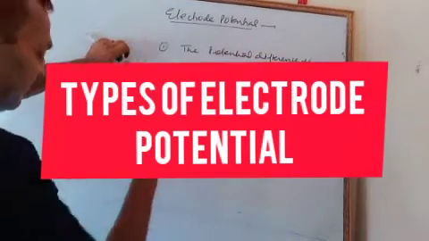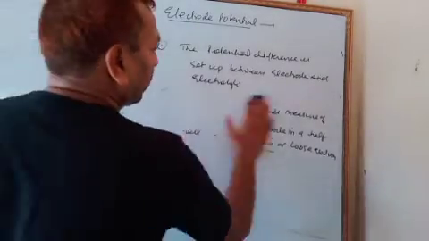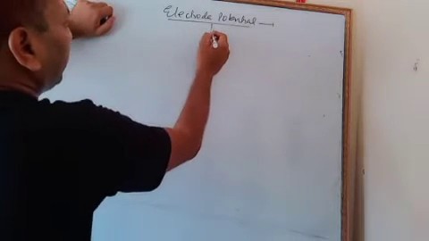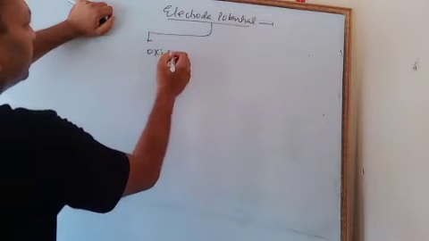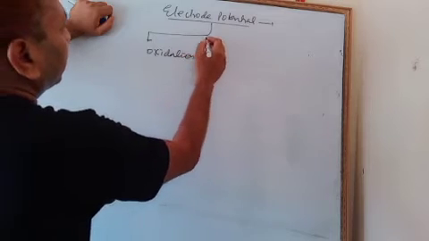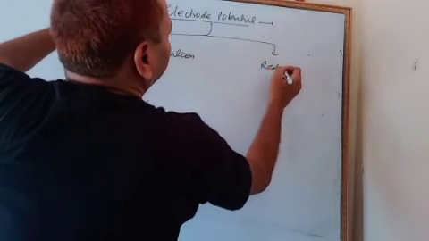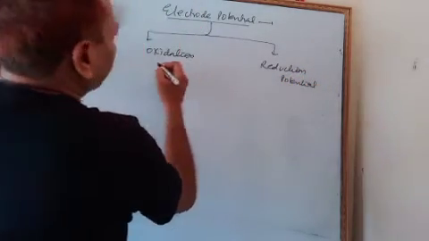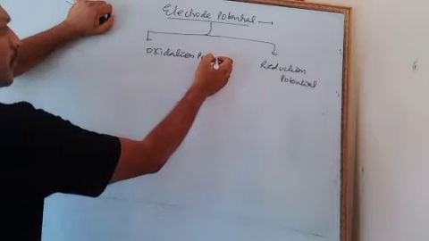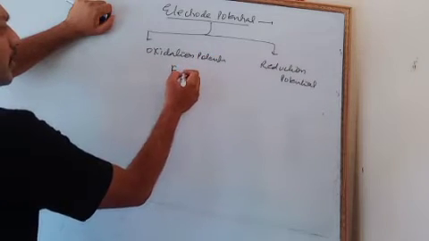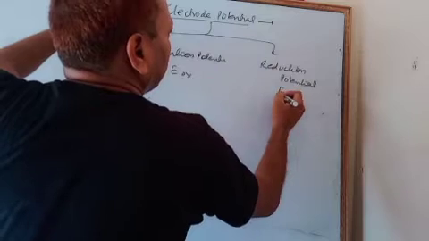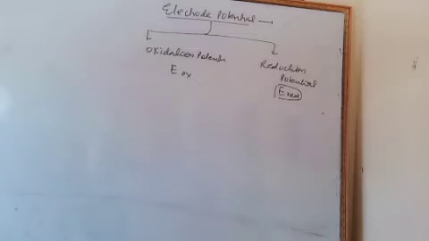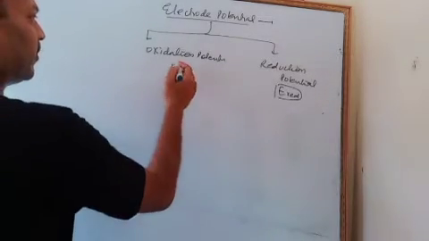Now we come to the types of electrode potential. There are two types: oxidation potential and reduction potential, with symbols E ox and E red.